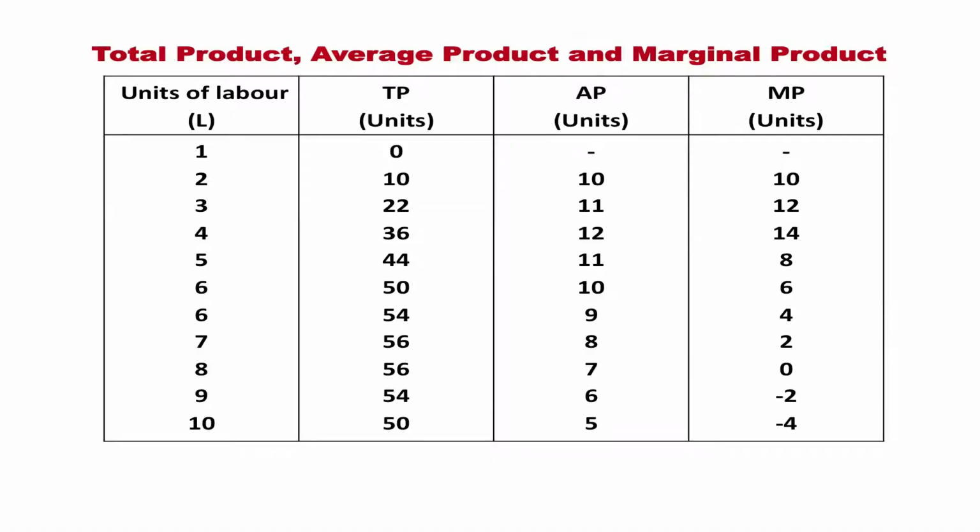Let us see when MP for 8th unit of labor has to be calculated. TP8 minus TP8 minus 1, which is TP7, gives us 56 minus 56, that is 0. Since MP is the difference between two consecutive values of TP, it can also be negative.